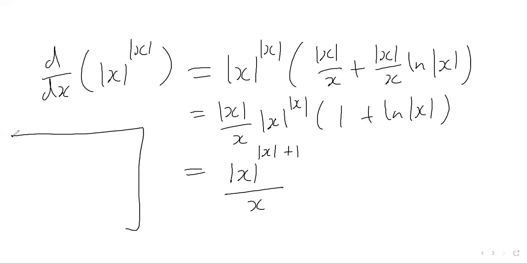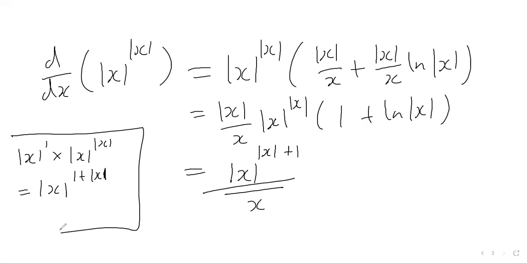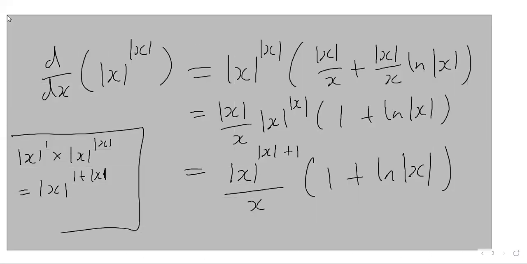To spell this out, modulus of x to the power of 1 multiplied by modulus of x to the power of modulus x: you add the powers using indices laws to get 1 plus modulus of x. And then to simplify the rest of it, we're going to get 1 plus the natural logarithm of the modulus of x. And so that's actually our final result.